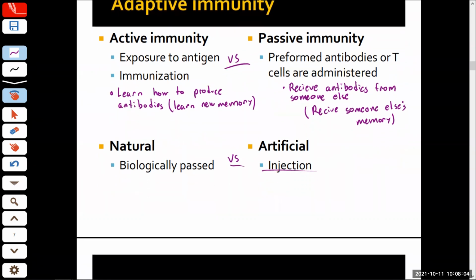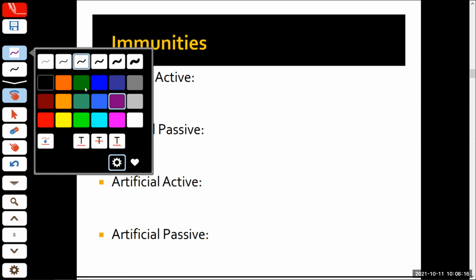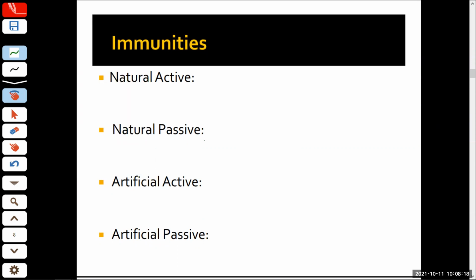So how this kind of works is you combine these different terms. Natural active versus natural passive, so on and so forth. So there are 4 different types of immunities. Okay, so we're going to break it down. Natural active. So let's start with natural. What does that mean? Yep, you're exposed to it.